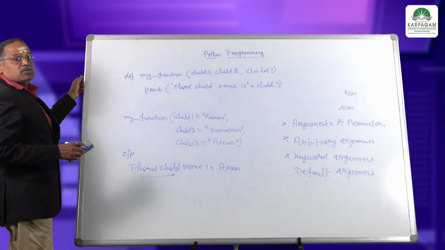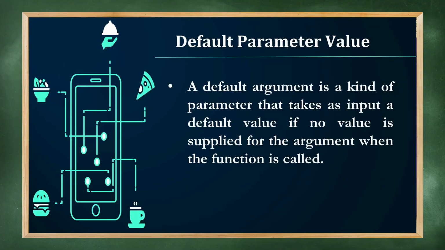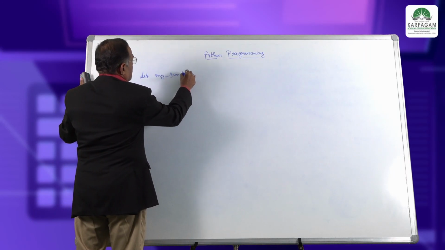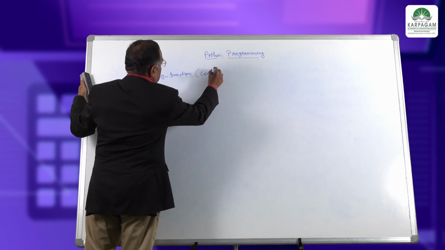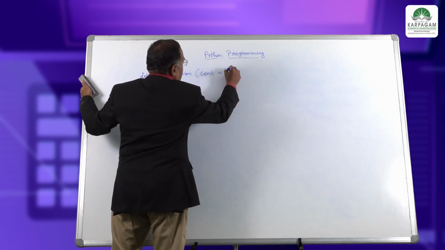Now we are going to see about the default argument. I am going to write the same thing, def my_function, with country equal to Norway.